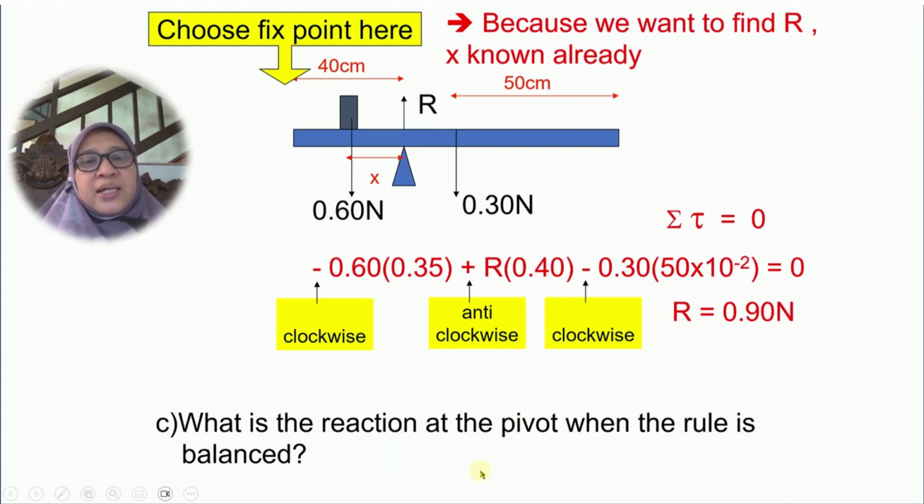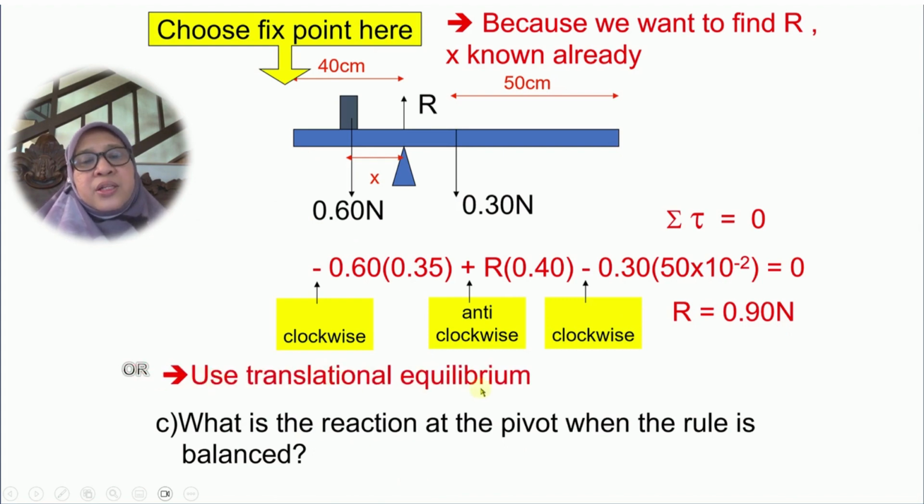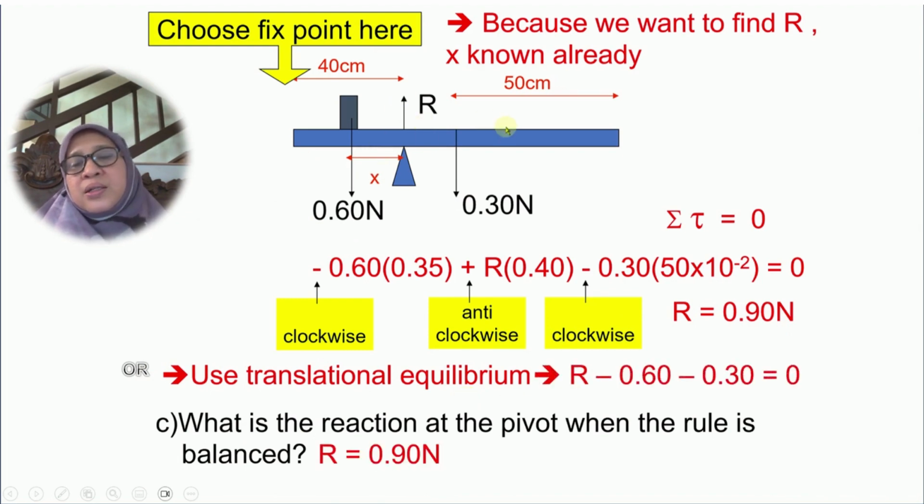That's the answer. Actually, we have another method which is simpler, because we can use translational equilibrium. We just total all the upward and downward forces. Downward will be negative and upward forces will be positive. We are going to find R, which is upward.